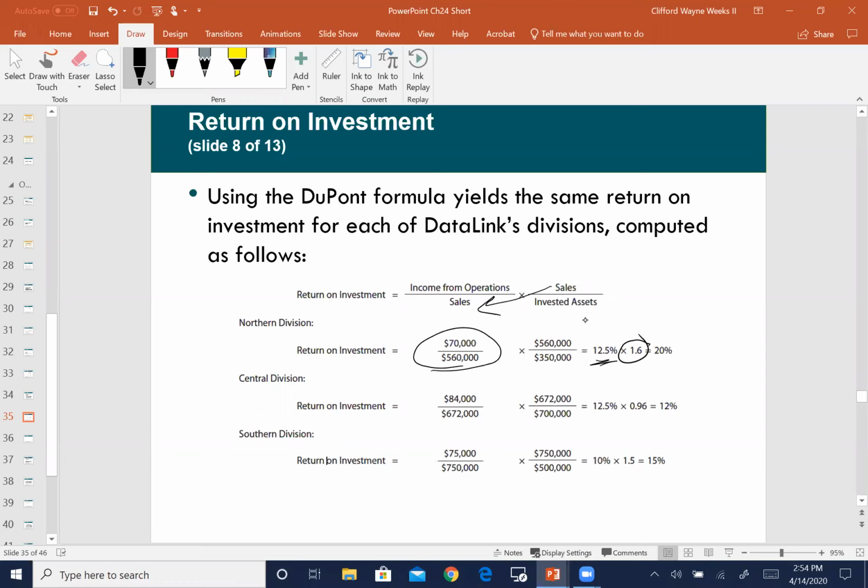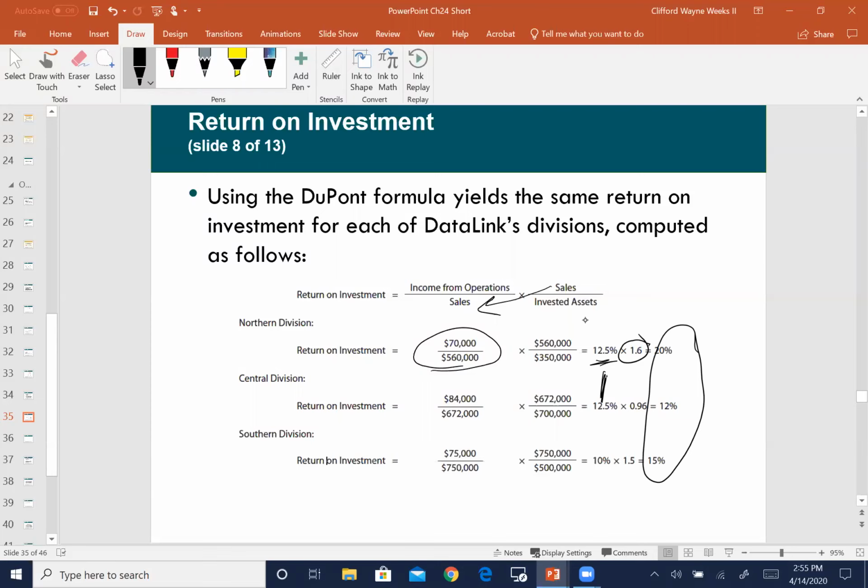And so you can see these are the same percentages that we calculated when we looked at just the return on investment. But what this has done is it allows us to compare in different areas. Again, I'm just looking at the northern and the central. When you look at the profitability here, it's the same. Once the central division gets that sales dollar, they're still generating that 12.5 cents.